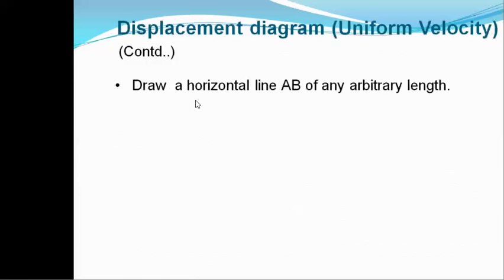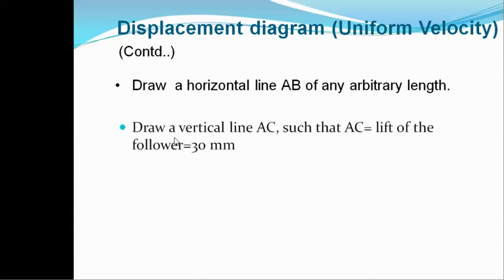Now let us draw a horizontal line AB of any arbitrary length. Draw a vertical line AC such that AC is equal to the lift of the follower, that is 30 mm, and complete the rectangle ABCD.